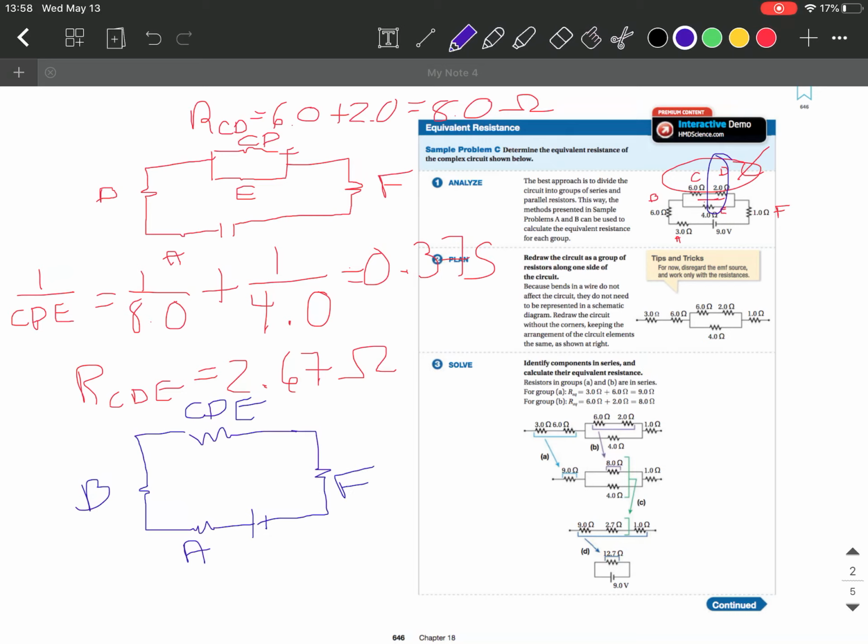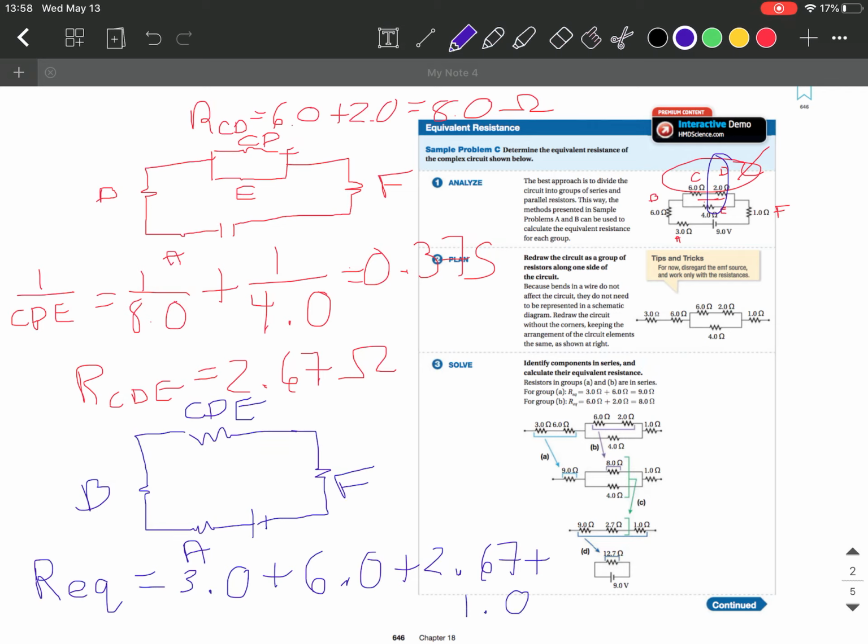So you notice at the very end, this is when you know you're almost done, when you only have one loop. And the equivalent resistance is just the sum of that loop. So A is 3.0. B is 6.0. C, D, and E together are 2.67 ohms.